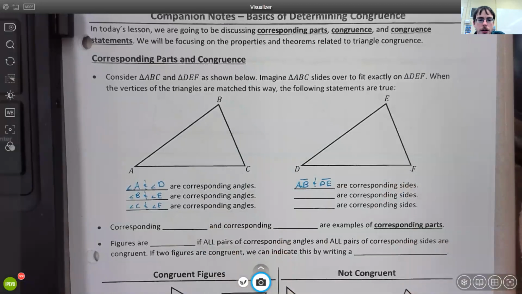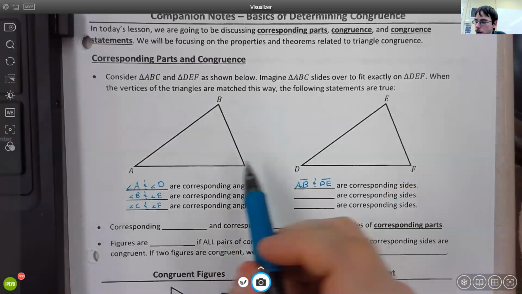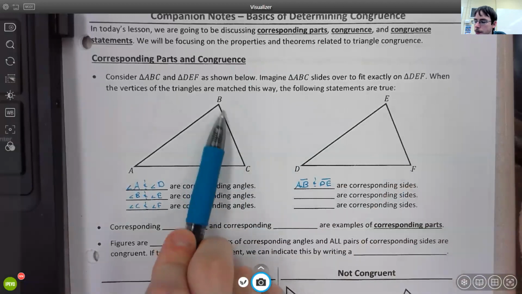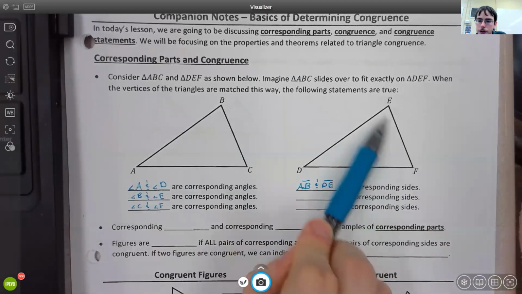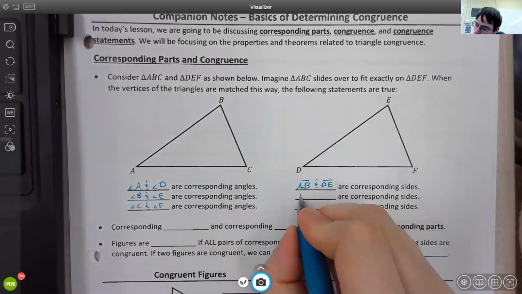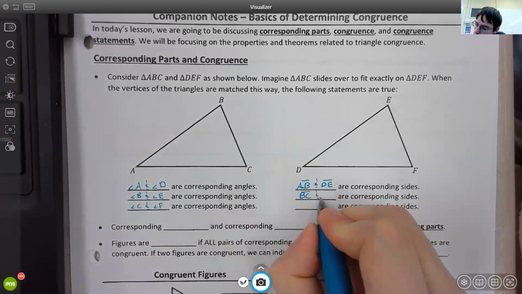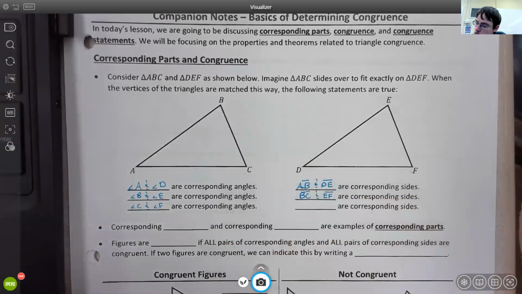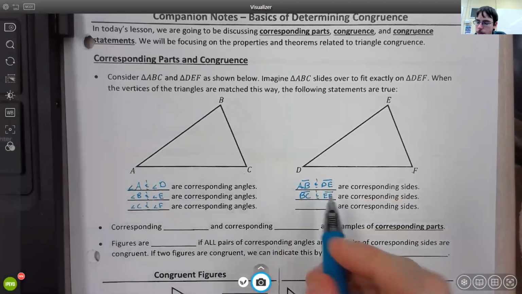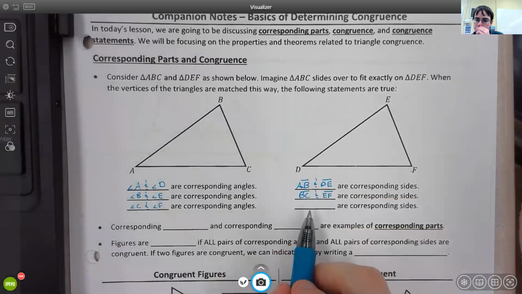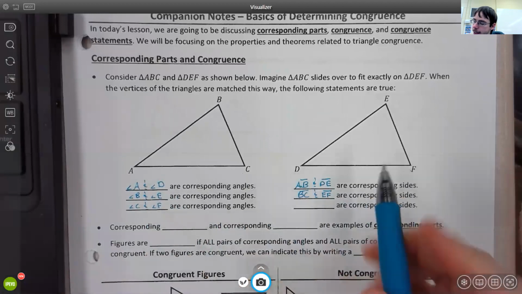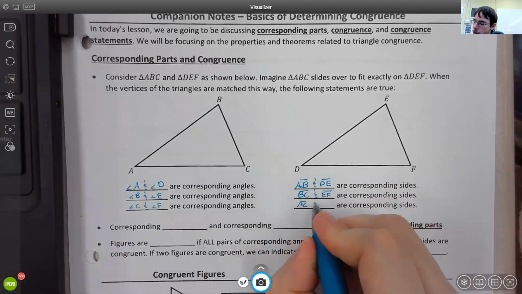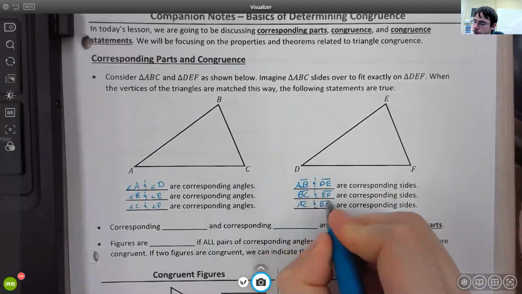All right, are there any other corresponding sides here? There are 2 other ones. We also see that BC and EF are corresponding. And then finally, we see that the other side, AC and DF, are corresponding as well. Okay?